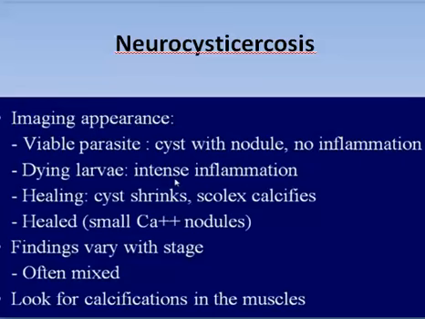Imaging appearances are variable. You have cysts with nodules and no inflammatory response. If dying, we have an intense inflammatory response. If healing, the cyst shrinks. If healed, these become calcified.